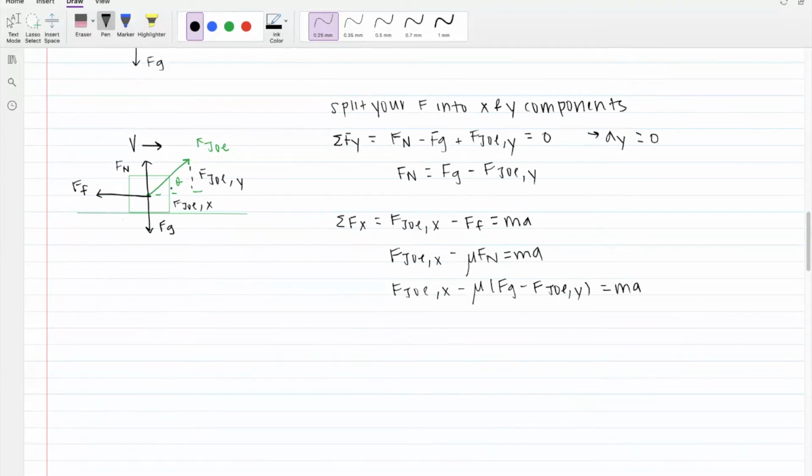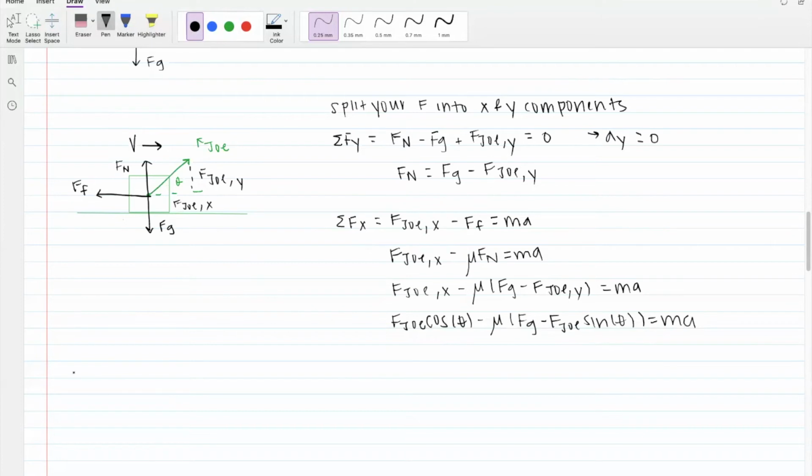And because we have theta, let's replace these x and y components with the values that were given. So it would be F of Joe cosine theta minus mu times (F g minus F Joe sine of theta).